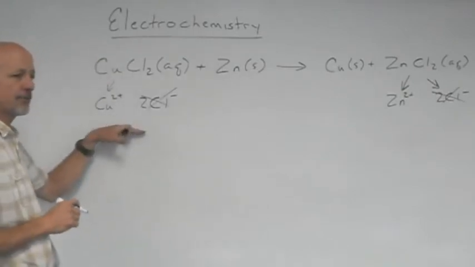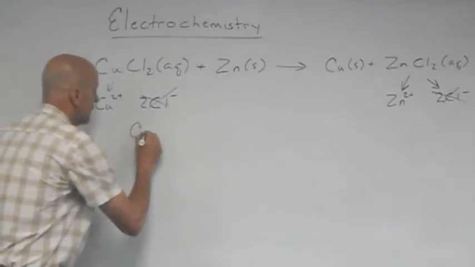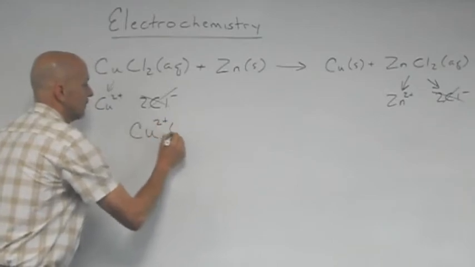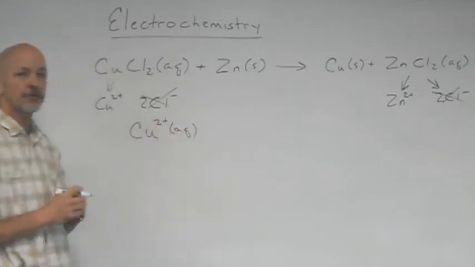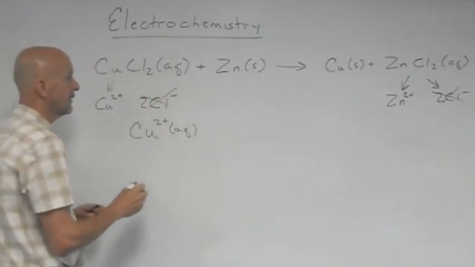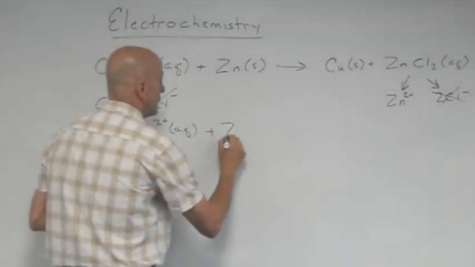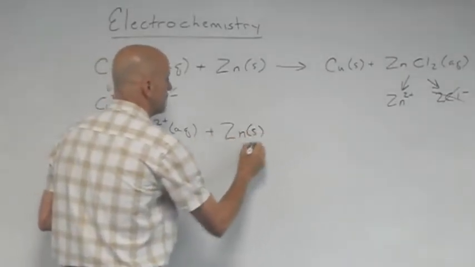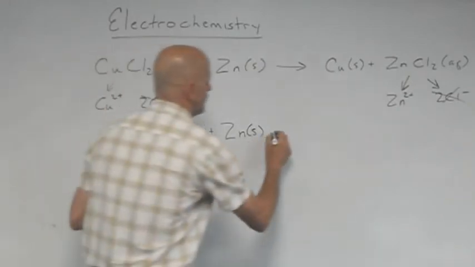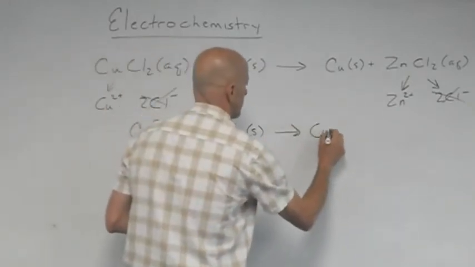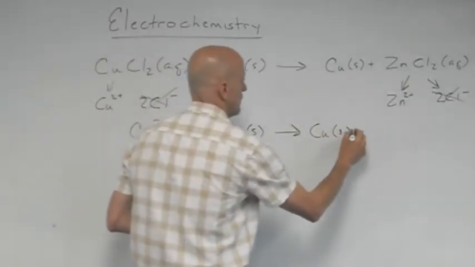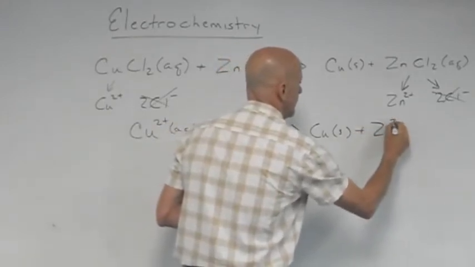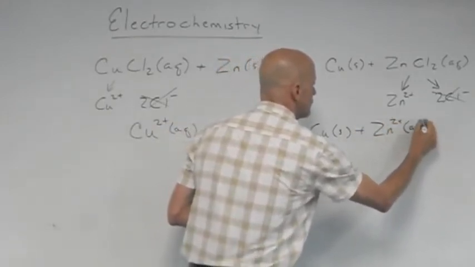What is my net reaction? I've got copper ions in solution, which have a positive charge. They have lost their 2 electrons, reacting with the neutral zinc metal to form copper metal and zinc ions, which now go into solution.